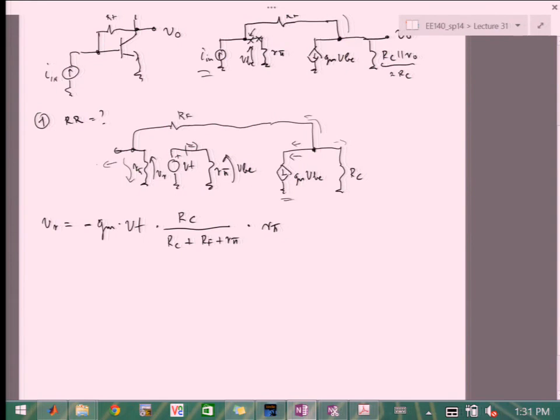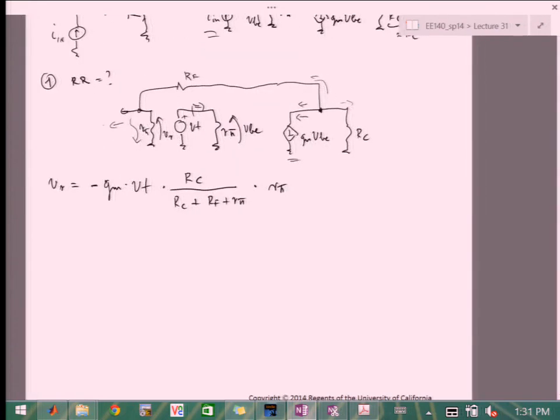So we're taking a little bit of a shortcut here. So then the return ratio is minus VR over VT, and that is going to be just GM times R pi times RC over RC plus RF plus R pi.